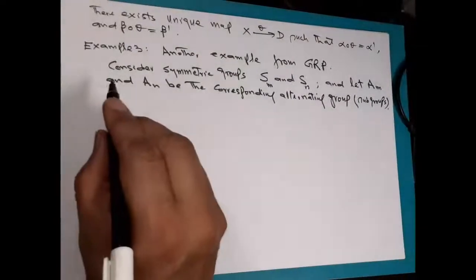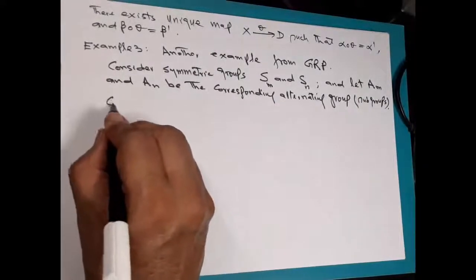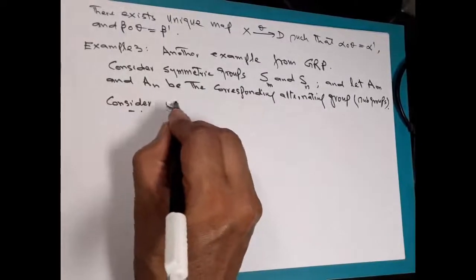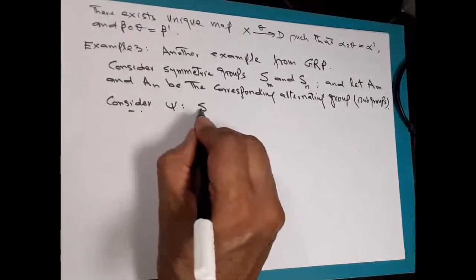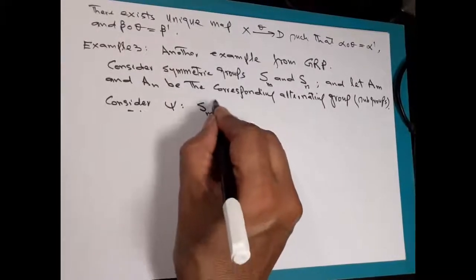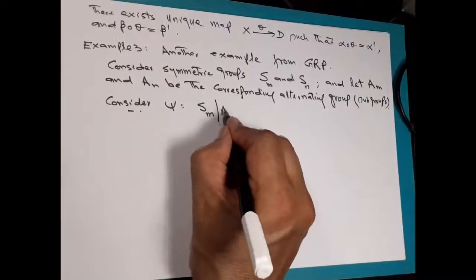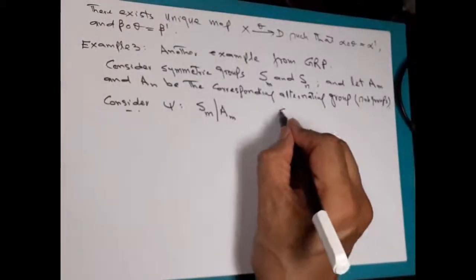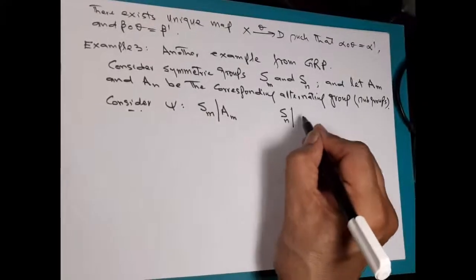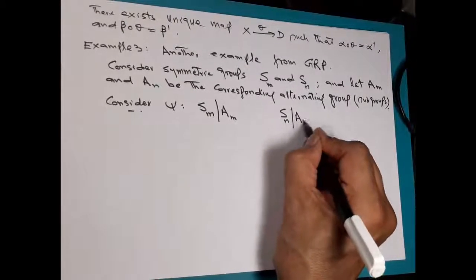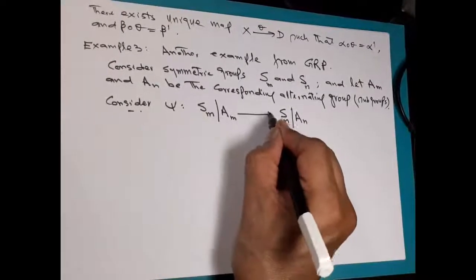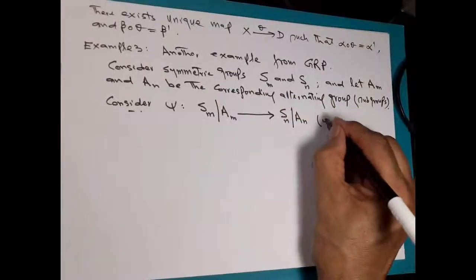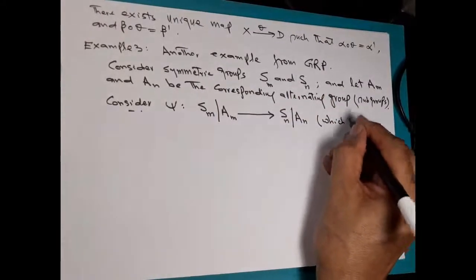Now consider the group homomorphism. Let's call it psi. So what you have to do is factor Sm with Am, the corresponding alternating group, and then factor Sn with An, and take this particular group homomorphism psi, and this homomorphism is an isomorphism.